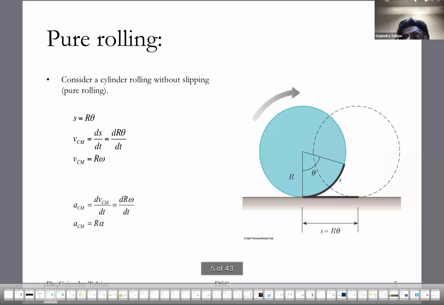What this slide tells you is that the velocity of the center of mass is the radius of the wheel times the angular velocity of the wheel, and the center of mass acceleration is r, the radius of the wheel, times the angular acceleration. That's what that tells you.